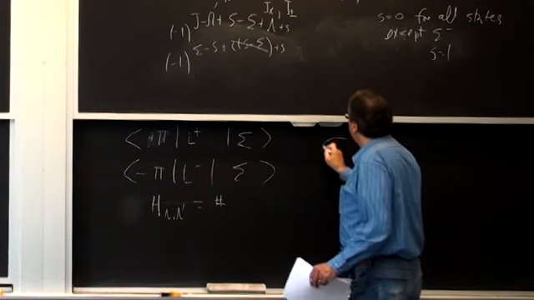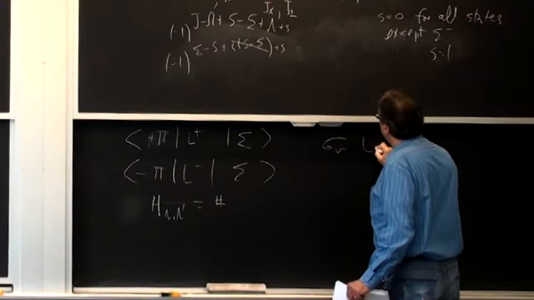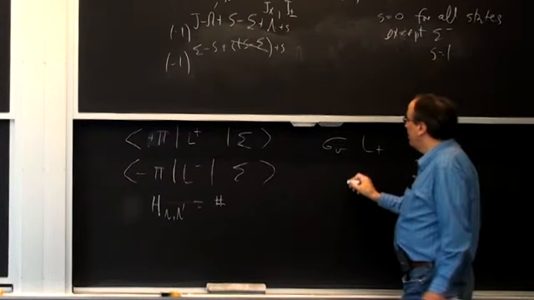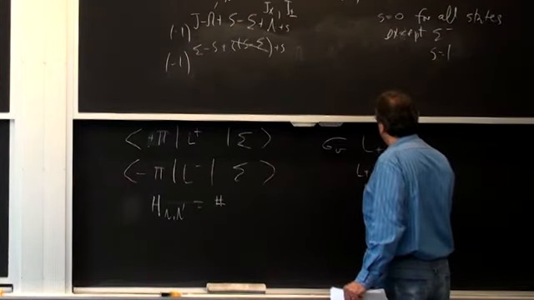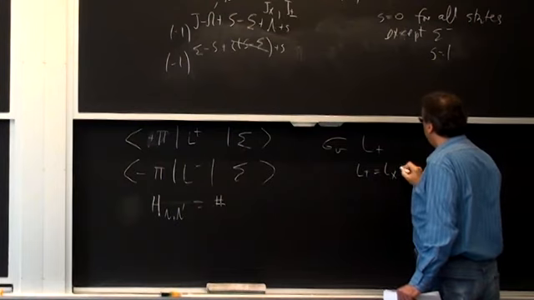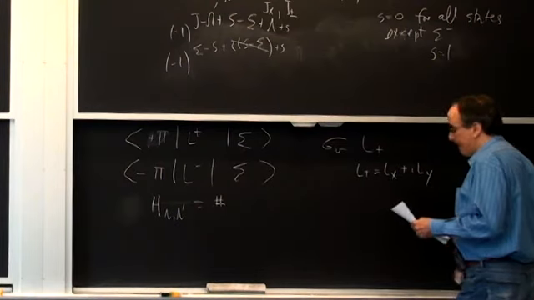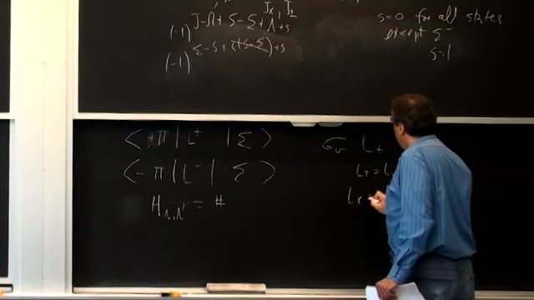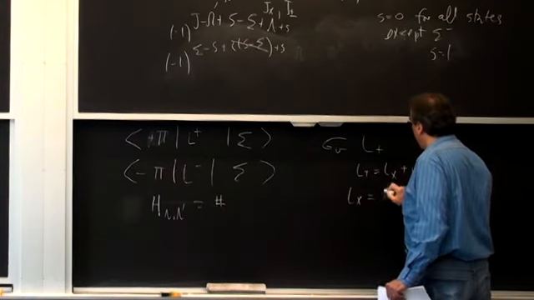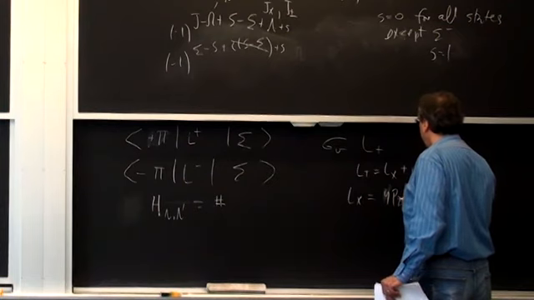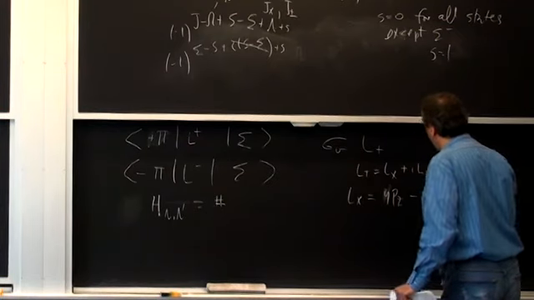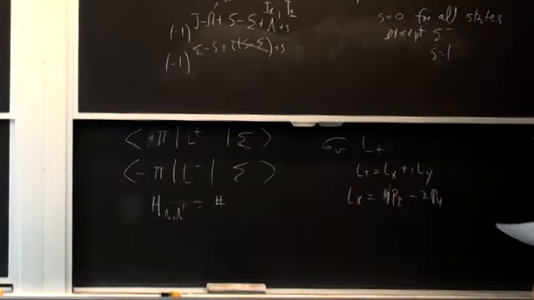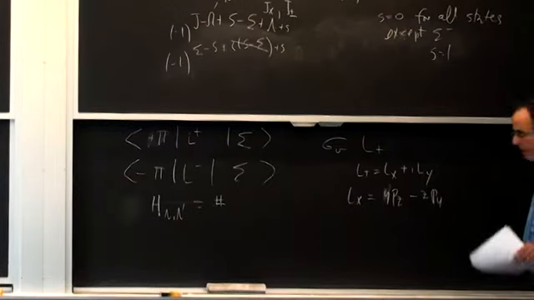Okay, so sigma v on, say, L plus. What does that do? Well, L plus is Lx plus i Ly. Lx is y pz minus z py. Did I get that right? Yep.